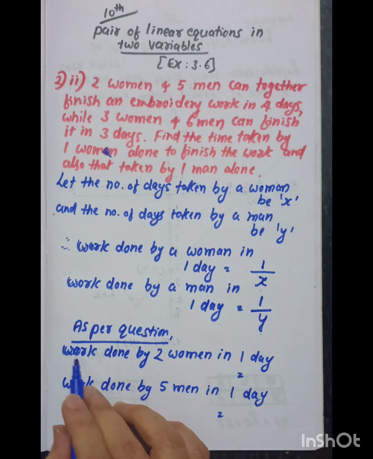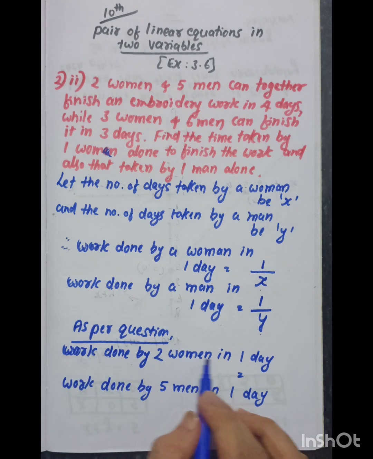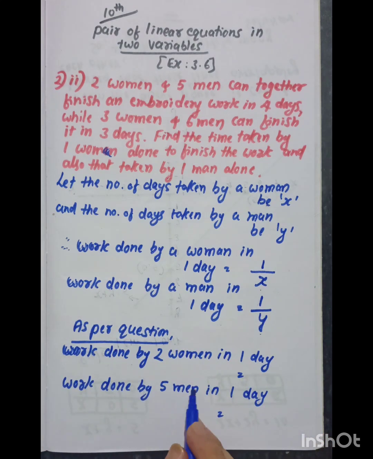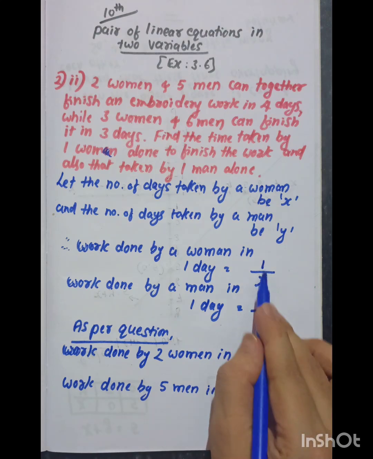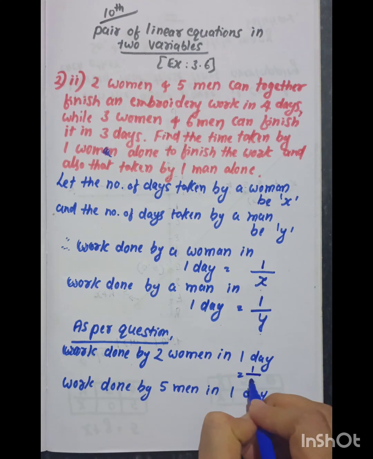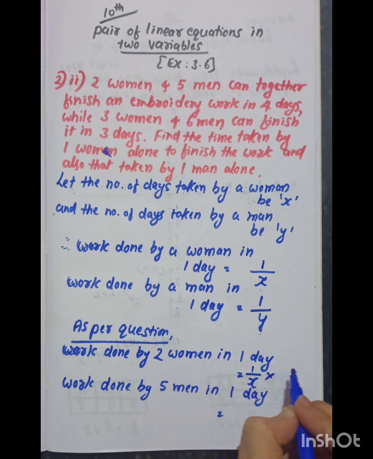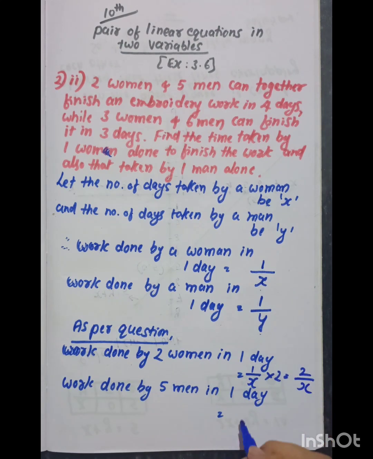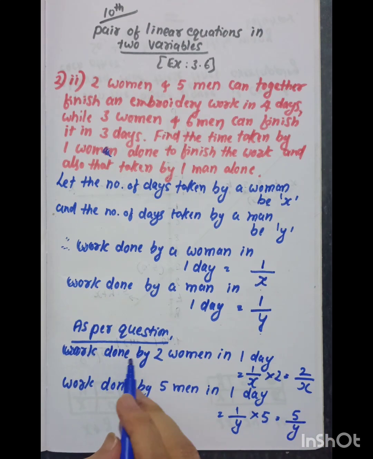I take work done by 2 women in 1 day and work done by 5 men in 1 day. 1 day is 1 by x, number of women 2, so you can take it as 2 by x. In the same way, in 1 day it is 1 by y into men 5, so 5 by y. Work done by 2 women in 1 day is 2 by x and work done by 5 men in 1 day is 5 by y.